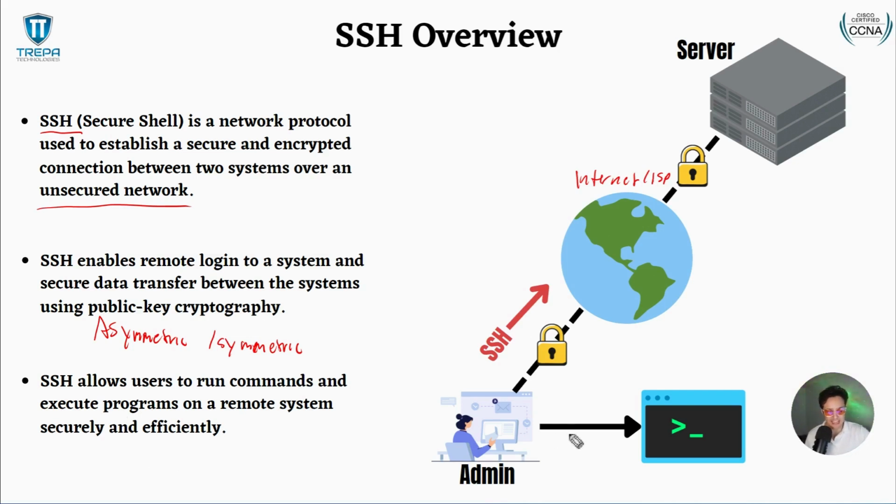This is just to say that as an admin, if I need to access this server CLI, I'm going to use SSH. And SSH is that transmission protocol or transmission application, right? Because the protocol may be TCP, that allows that secure transfer of me typing into the CLI what should be executed on that server or that network device.